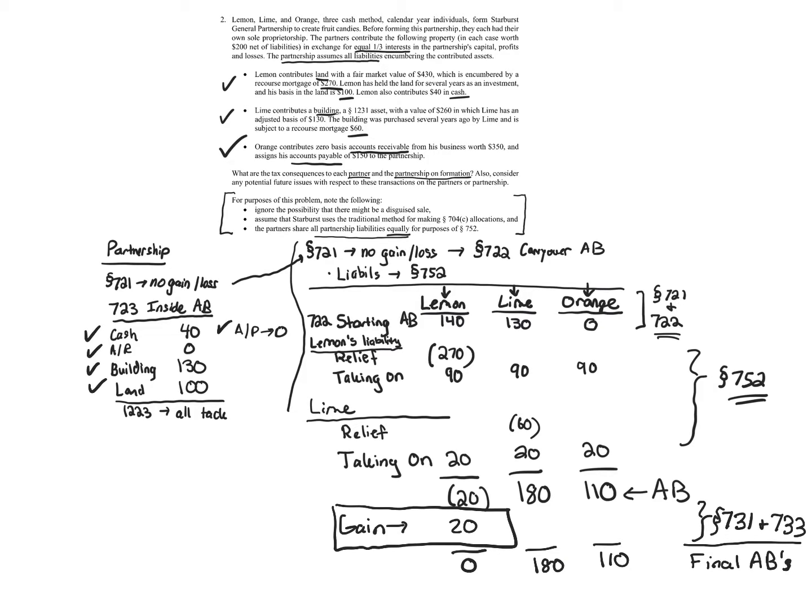Then we also note that everything is tax. Okay, so then we roll over to the partners. Think of the partners as a 2-step process when there's liabilities. But we join the 2 steps in the end in one transaction. So this is all one transaction, but think of it in 2 steps. It's the best way to think about it.